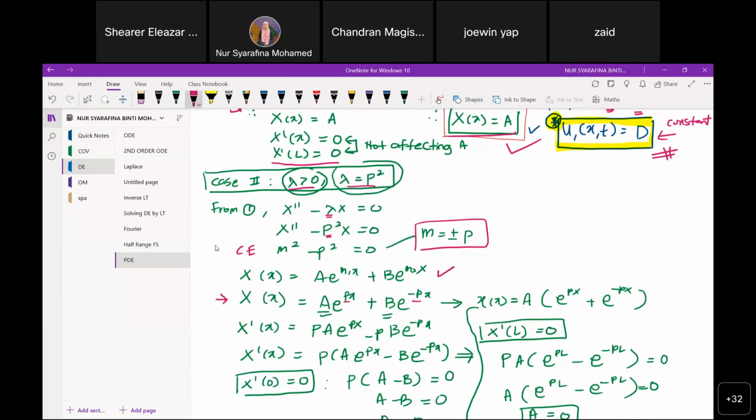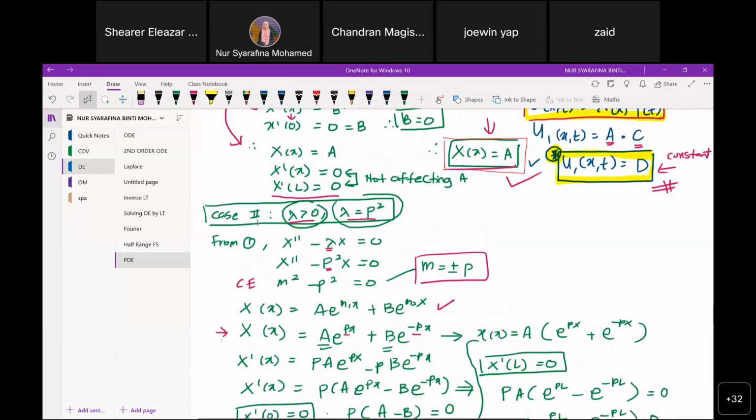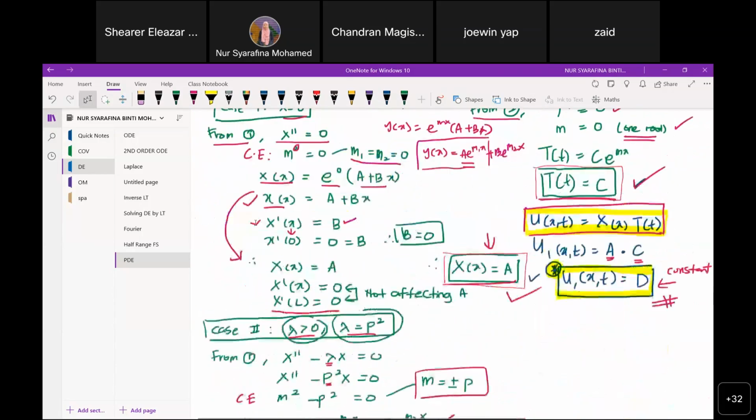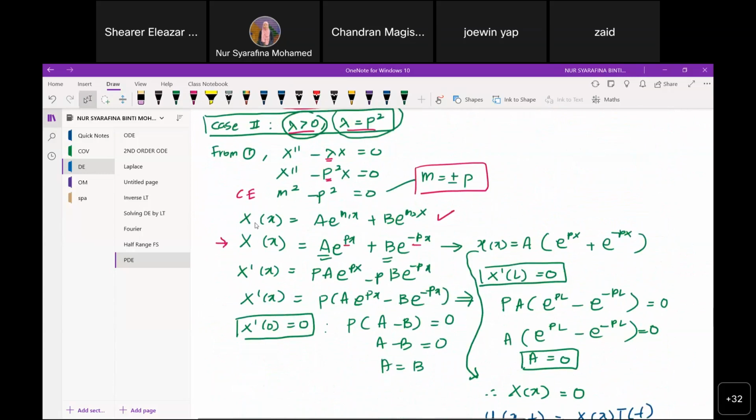Now this is your x, and in order to apply the condition, we have to have x prime, right? So we differentiate. This gives you x prime equals pA e^(px) minus pB e^(-px). So factorize, put p outside. Now apply the condition.